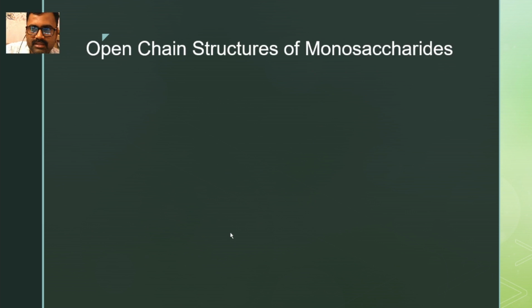The next point we discuss in this lecture is the open chain structure of monosaccharides. Monosaccharides are of two types depending upon the functional group, that is aldoses and ketoses. If a monosaccharide contains the aldehyde as the functional group, then it is called an aldose, and if a monosaccharide contains a ketone as the functional group, it is called a ketose.